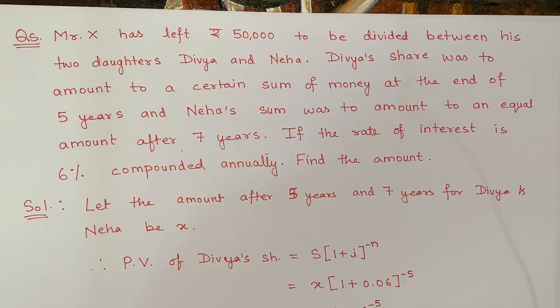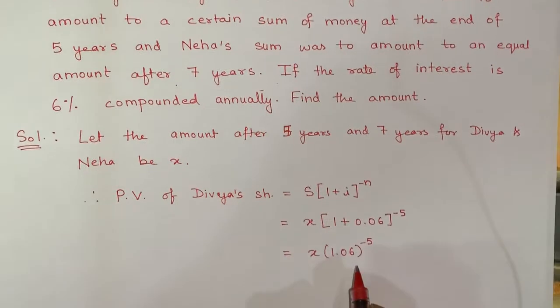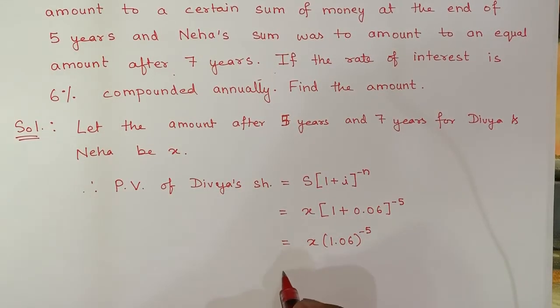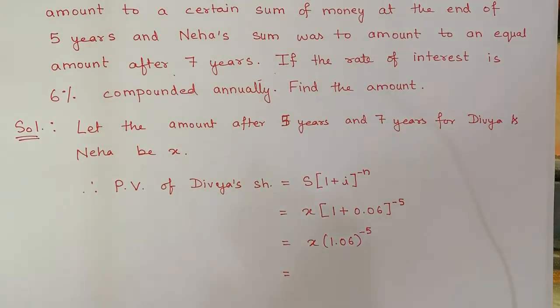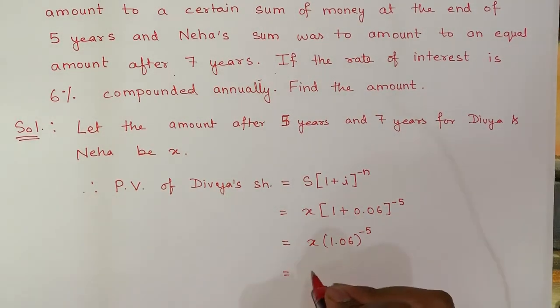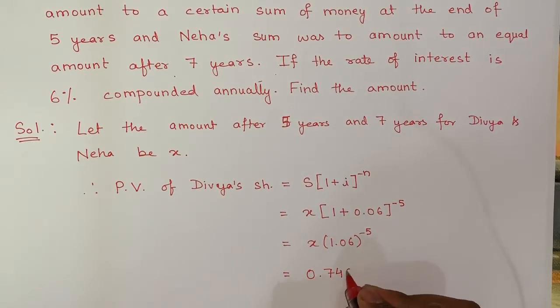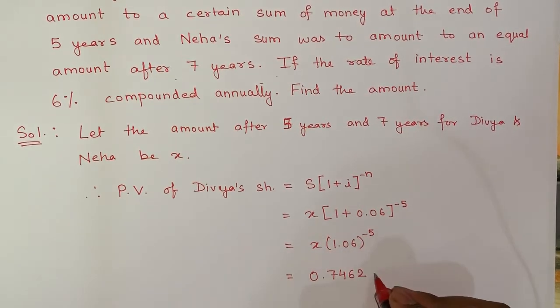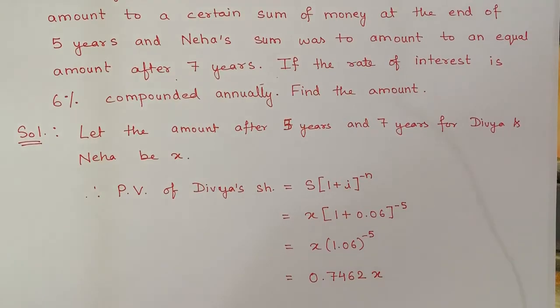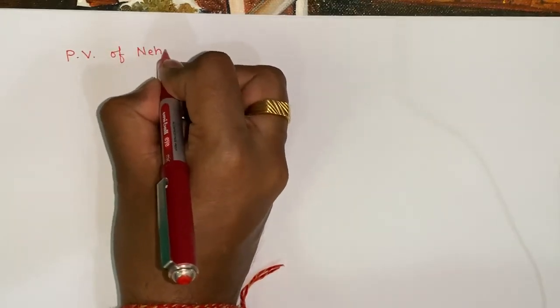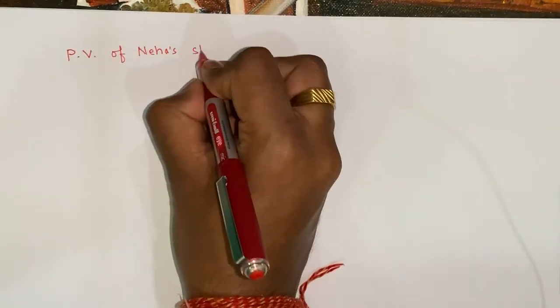Now the value of 1.06 to the power minus 5, we will search from the back side of the book in the tables, and we get a value of 0.7462. Multiplied by x, it becomes 0.7462x.